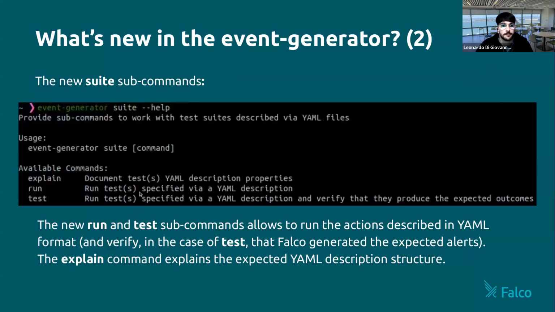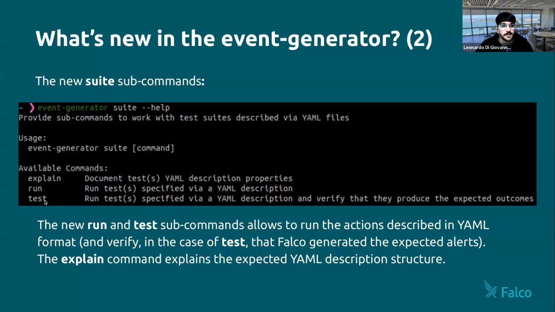There are mainly three subcommands. The most important ones are the run command and the test command. These are related. Basically, the run command performs a subset of actions of the test command. They both understand the YAML format that we defined, which can be consulted through the explain command, by the way.